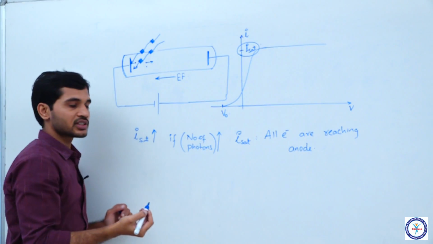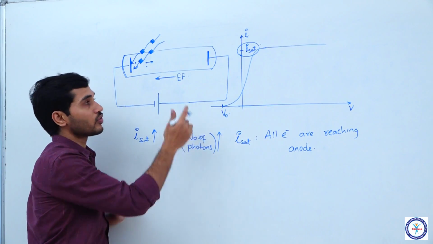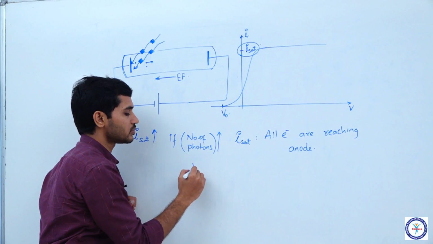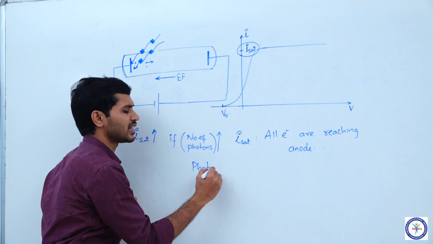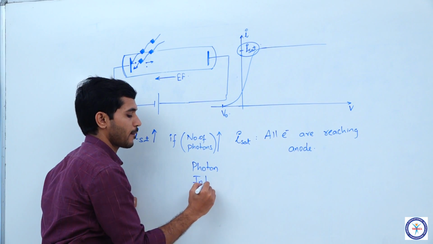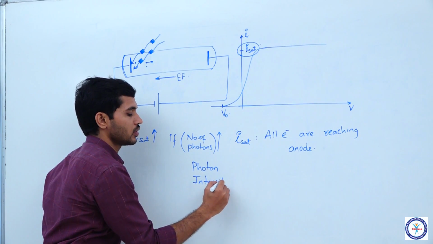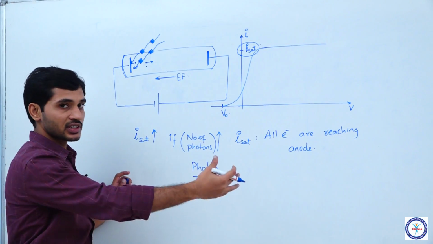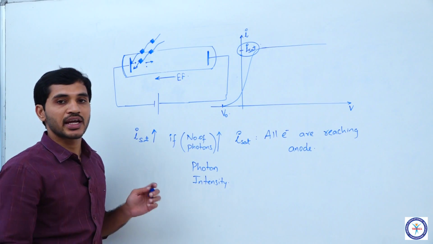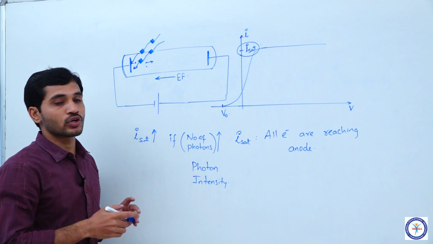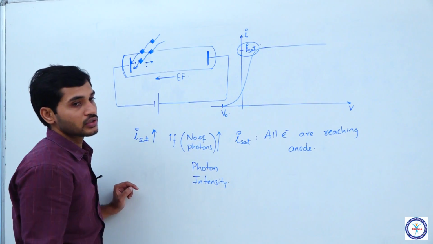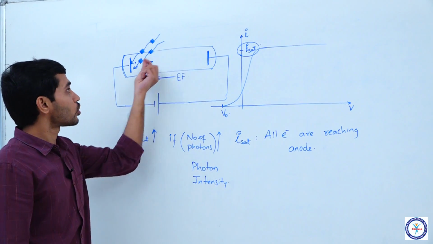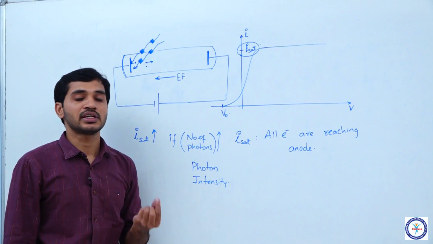And from now onwards, to represent the number of photons striking the material, I will be using the term photon intensity or just intensity. Whenever I say photon intensity or just intensity, for the further discussion, try to relate it with the number of photons striking that material. If I increase the intensity, I basically mean that the number of photons striking the material increases.